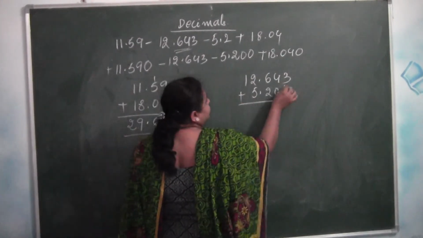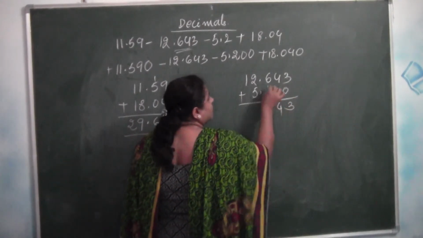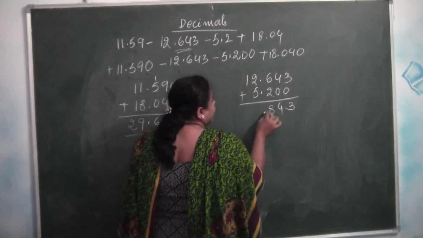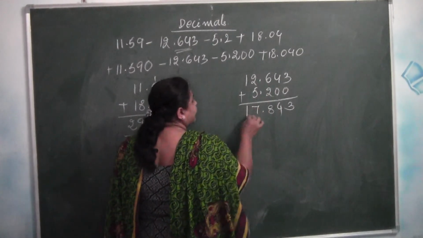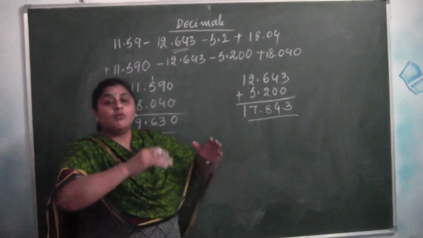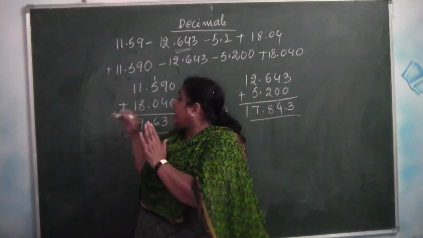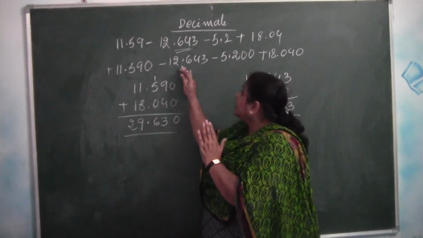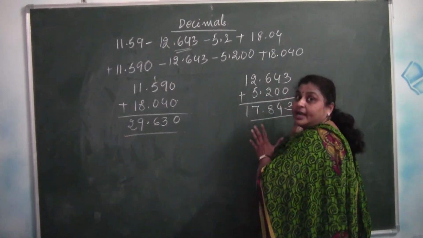Now we are going to add this. 3 plus 0, 3. 4 plus 0, 4. 6 plus 2, 8. Decimal point. 2 plus 5, 7. 1 as it is. So what did I do, children? All the numbers that have a plus sign, I grouped and added, and all the numbers that have a minus sign, I grouped and added.